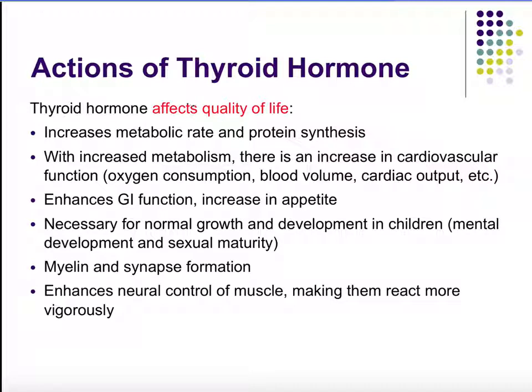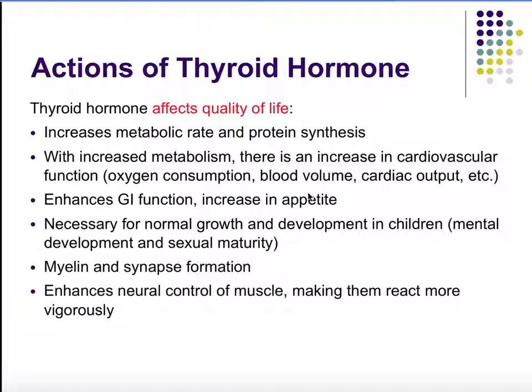So what exactly does thyroid hormone do? What's its role in the body? Well, thyroid hormone affects the quality of our life, meaning we will not perish without it, but our quality of life can be impacted. So it has a role in metabolism, so it speeds up our metabolic rate, it speeds up protein synthesis, and with that increased metabolism, there's going to be increased cardiovascular function, so increased oxygen consumption, increased respiratory rate, increased blood volume, cardiac output.